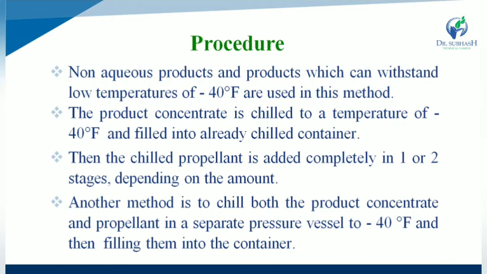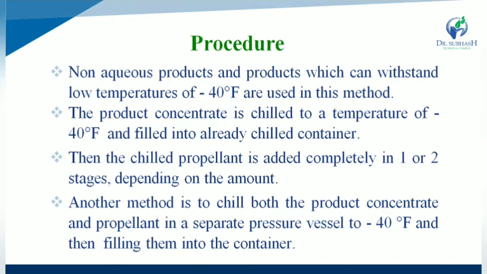So the product concentrate is first chilled to minus 40 degrees Fahrenheit, and once it is chilled properly, it is transferred into the already chilled container. Then the chilled propellant is added completely, in one or two stages depending on the amount.